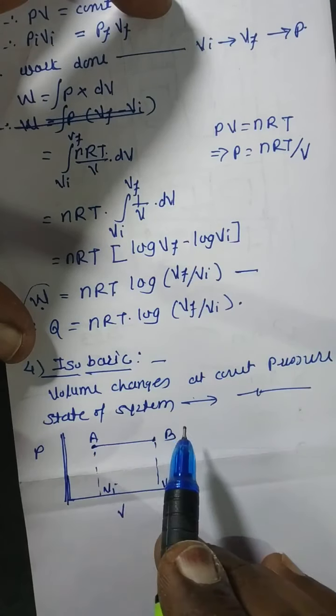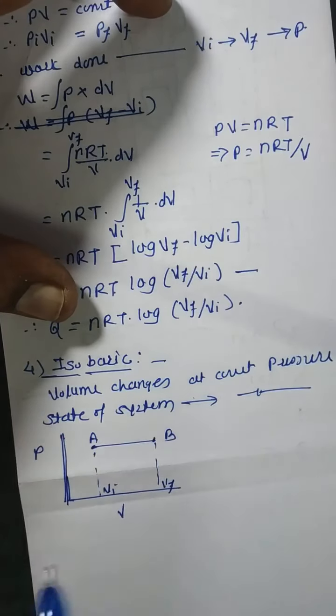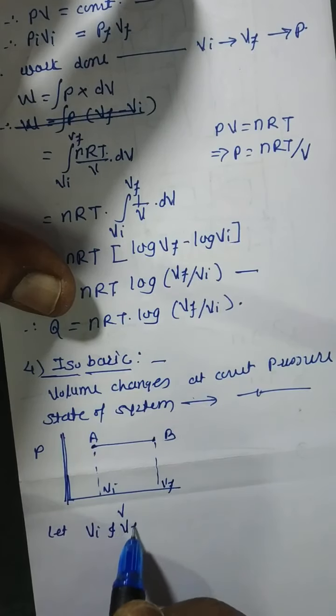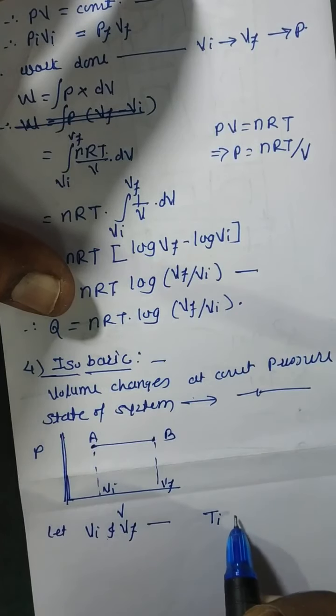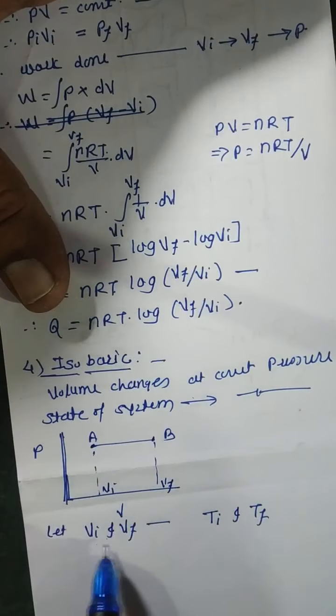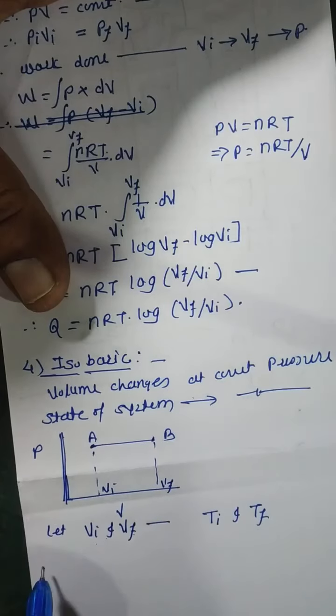Let Vi and Vf be the initial and final volumes at temperatures Ti and Tf respectively.